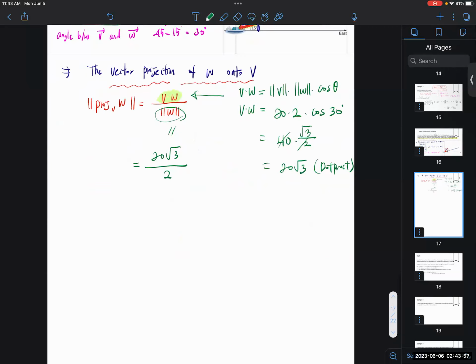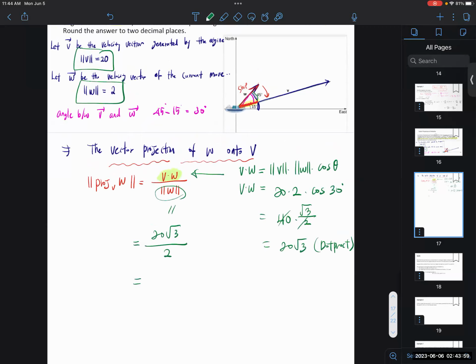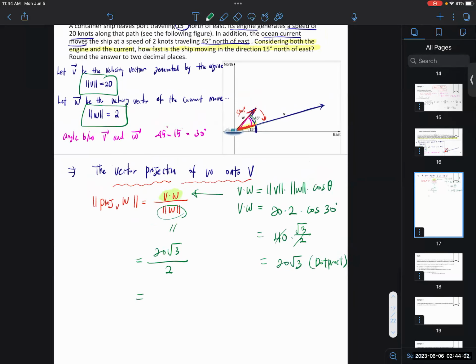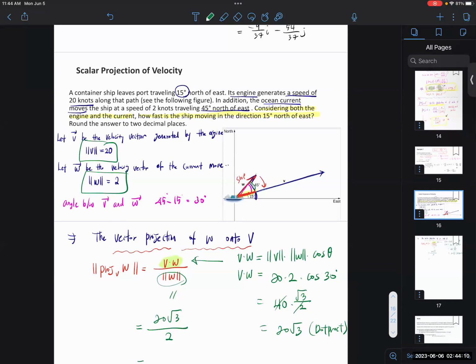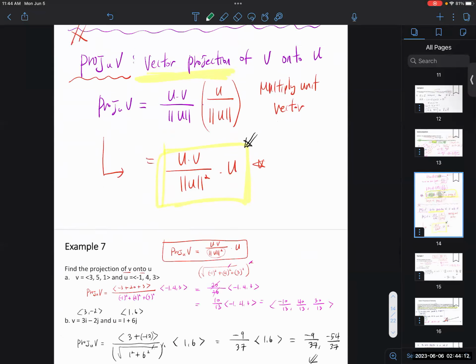Actually, let me just double check. I made a little mistake. We have to divide it by the V. Sorry about that.